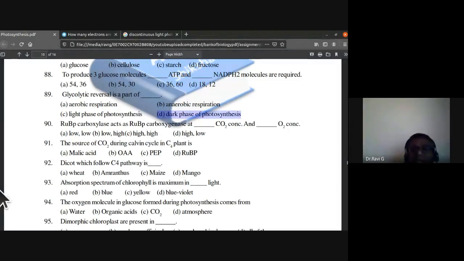Okay, so 90th should be D. Let us check that. The answer given is B. For RuBP carboxylase acts as RuBP carboxygenase, oxygen has got attached. It acts as oxygenase at low carbon dioxide and high oxygen concentration. So they bring about photorespiration.